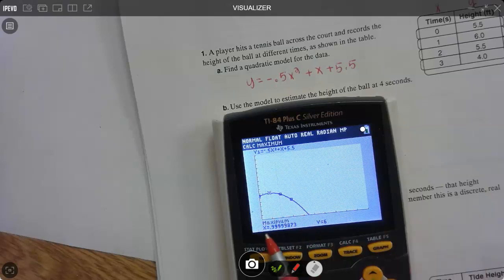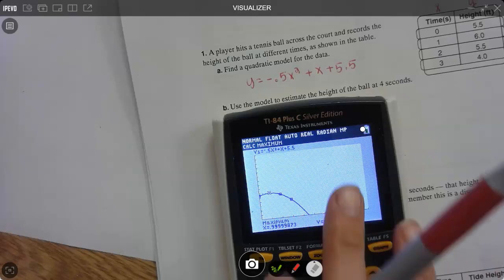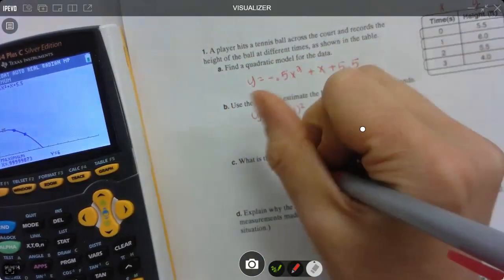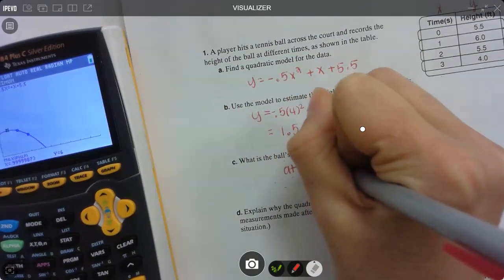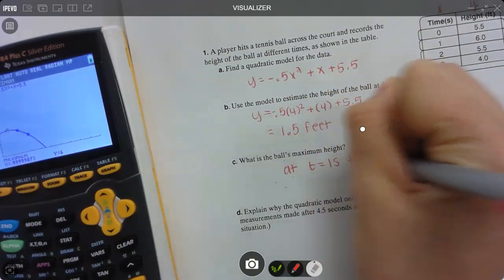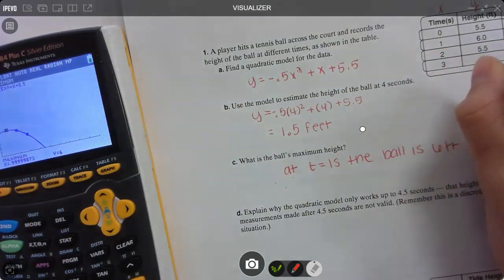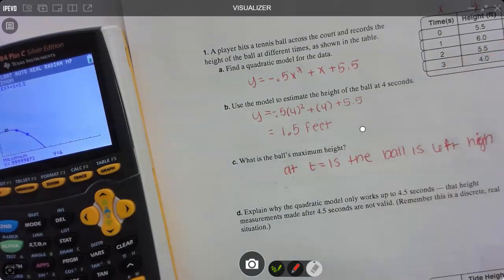And I see that the max occurs at 0.9999999, which is really 1 second, and is at a height of 6. Okay? So at t equals 1 second, the ball is 6 feet high. 6 feet is the ball's max height.